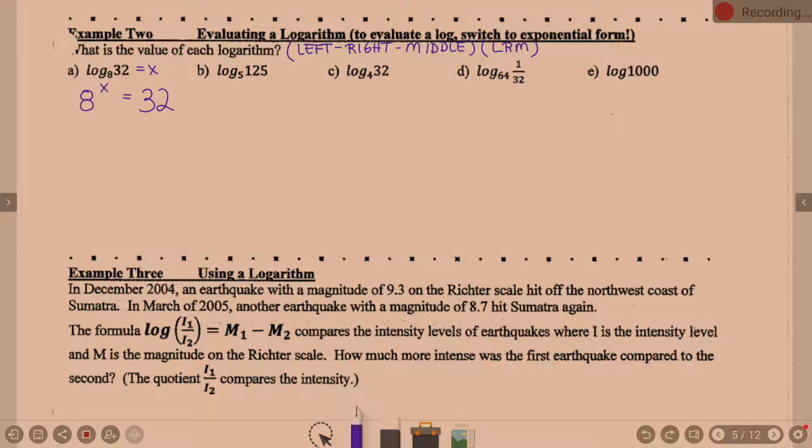Thoughts? Do you know 8 to some power that equals 32? No. 8 to the first is 8. 8 to the second is 64.